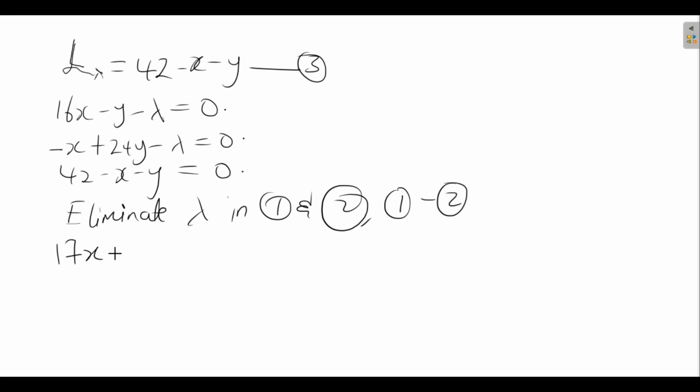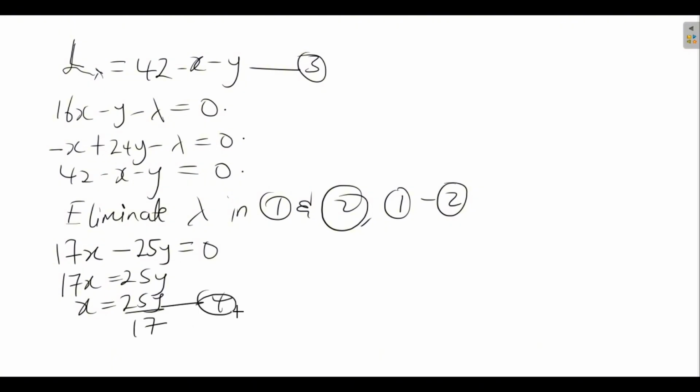The negative y minus 24y will give us negative 25y. Of course, negative lambda minus negative lambda will just give us 0. So this is equal to 0. Now we can make x the subject here. So 17x is equal to 25y, and hence our x will be 25y over 17. So you can call this equation 4.